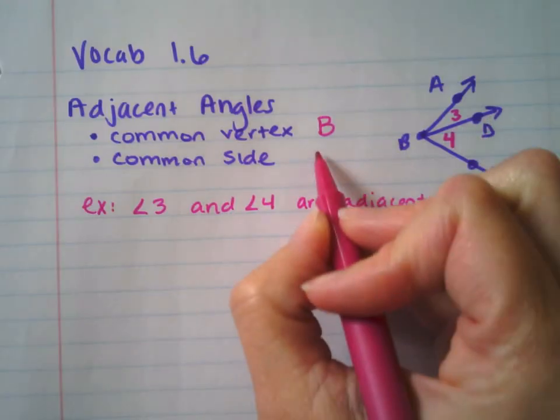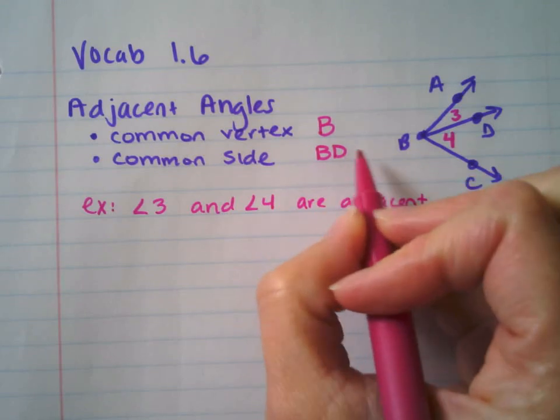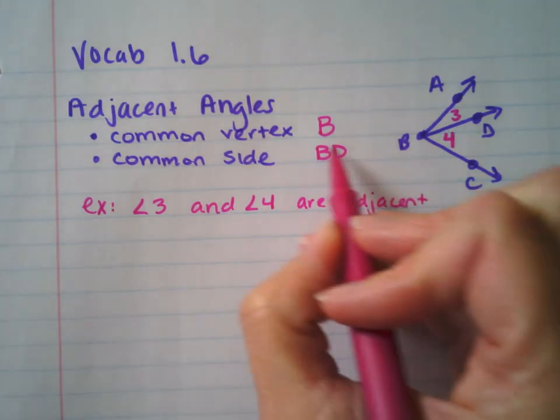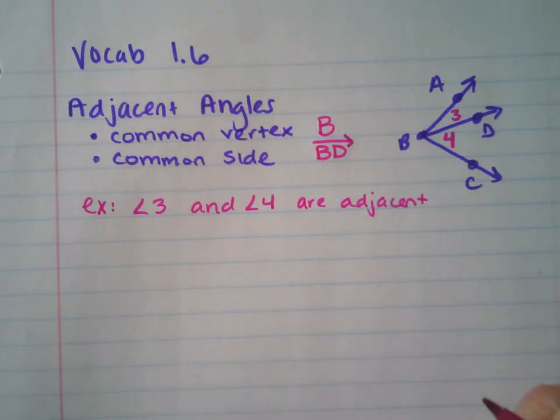BD, and what do I have to put on top of it? I'm not putting a line on top of it. What am I putting on top of it? I'm putting the ray on top of it, right? It has one arrowhead. Okay, it's ray BD. All right, we have to make sure we get our notation correct.